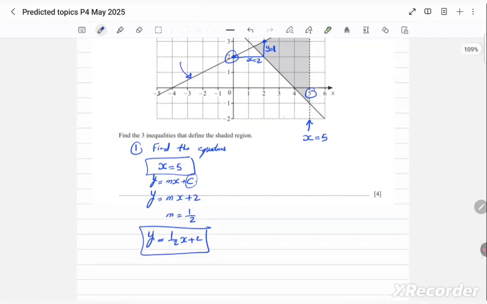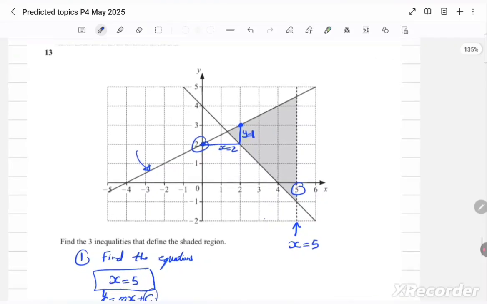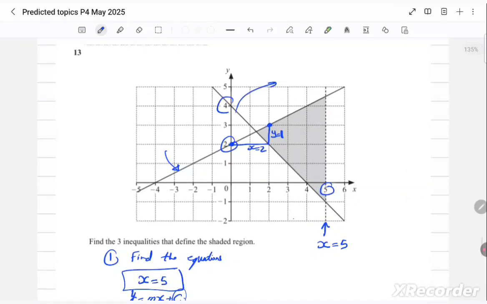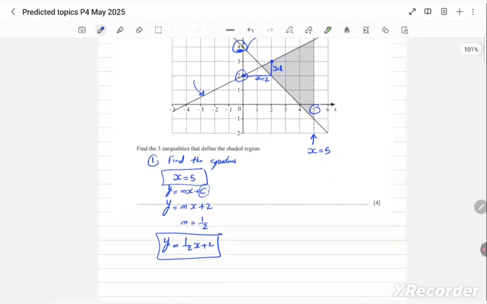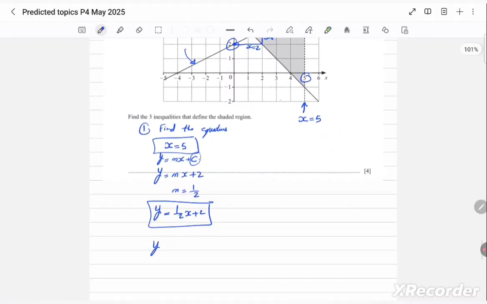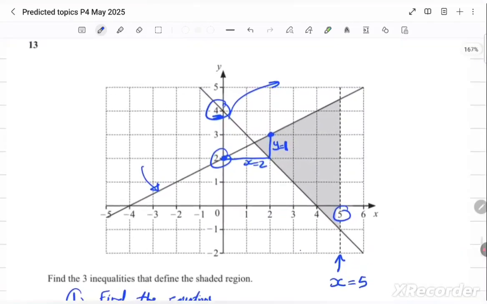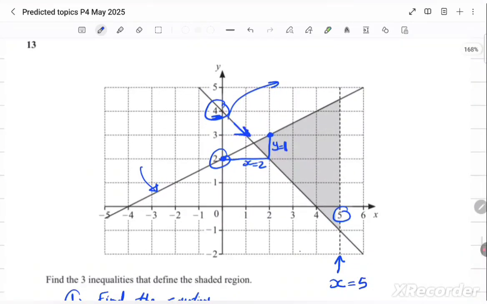Let's find the third one. The third one is this one. As you see, the y-intercept c here equals 4. So I can say y equals mx plus 4. But this line, as you noticed, is decreasing, so I know that the gradient here is negative.